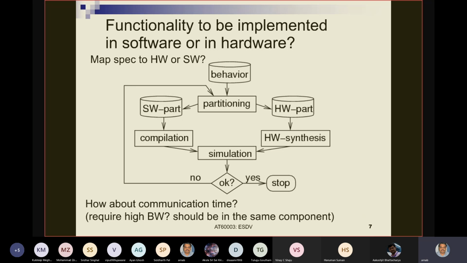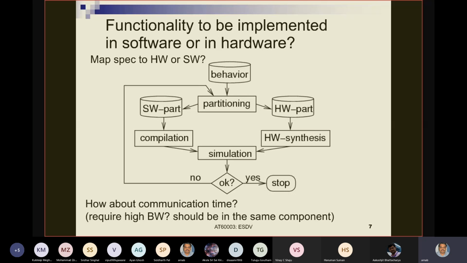Now let us start what we were supposed to learn here. We have this task graph, and we need to implement this task graph on either dedicated hardware or software. This is the answer we want to find out.